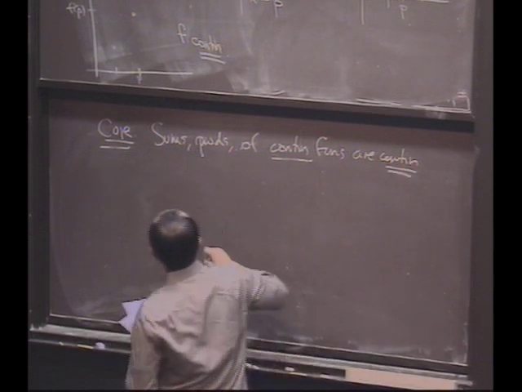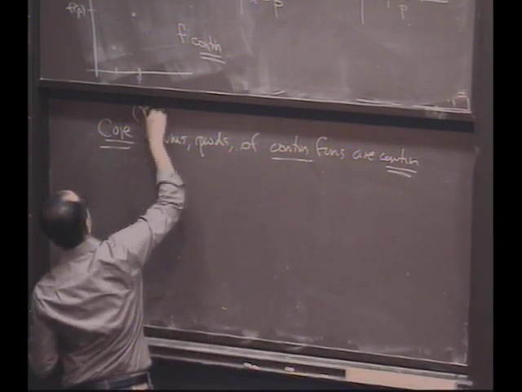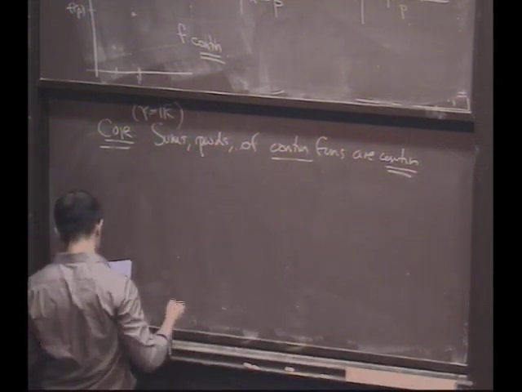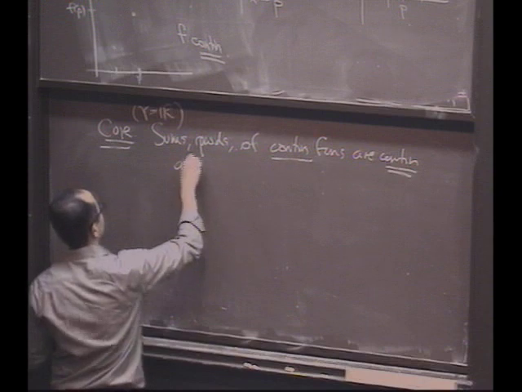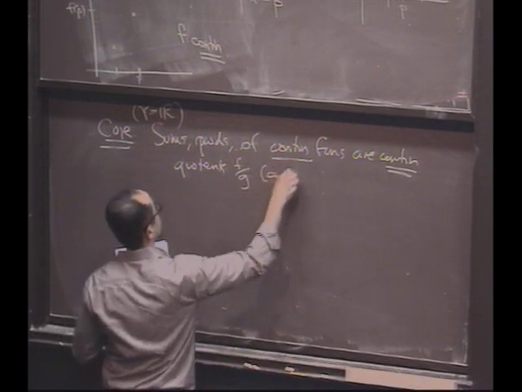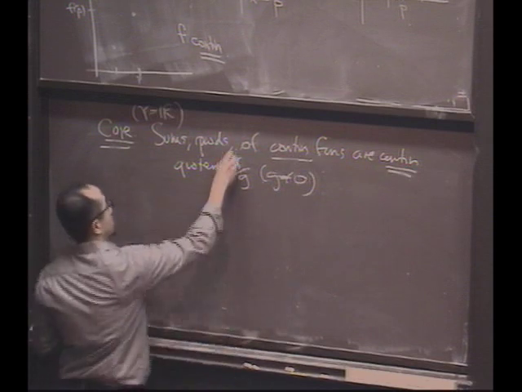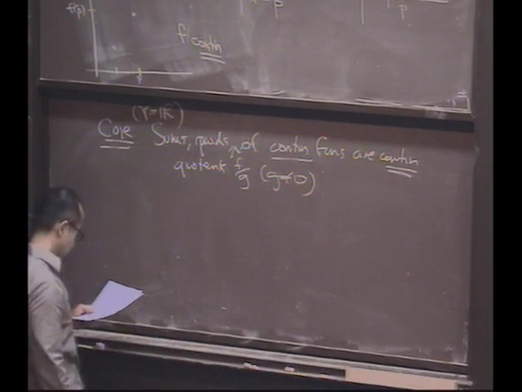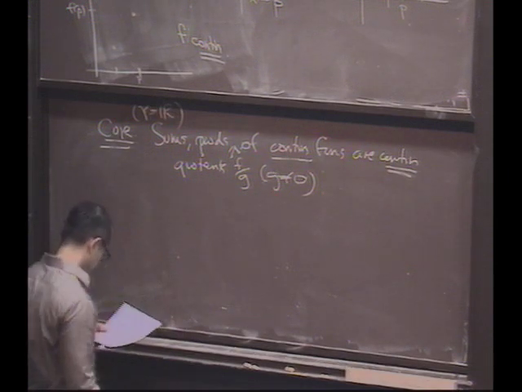Again, we're talking about now when Y is R. Quotients are continuous as long as the denominator is what? As long as g is not 0. Then the quotients are going to be continuous as well. All follows from those results.